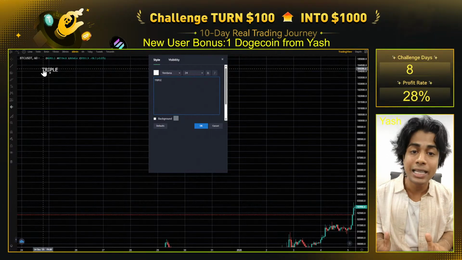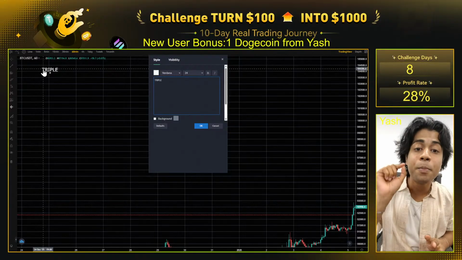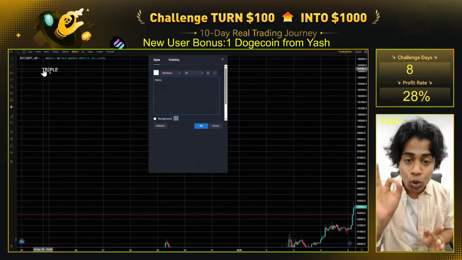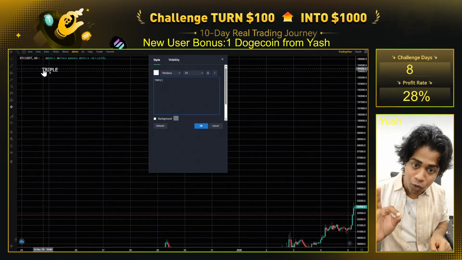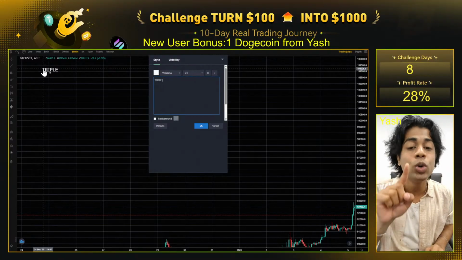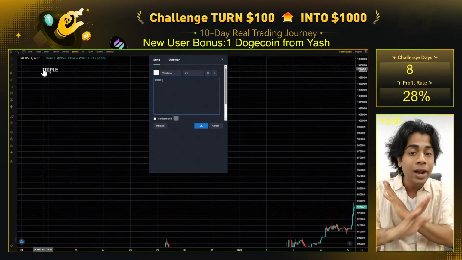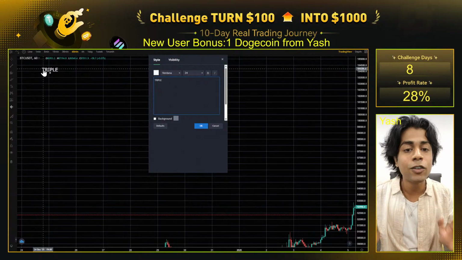Understand this one point very clearly. This is for market analysis, so that you will know if the market is going up or falling down, which will help you in future trading, not spot trading. This is not for spot trading.